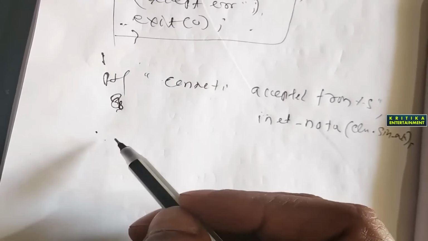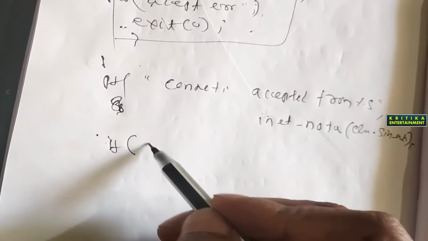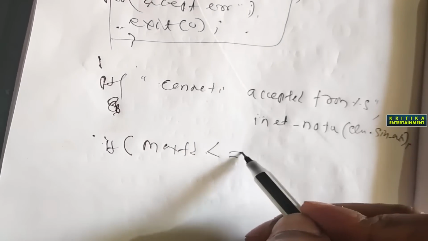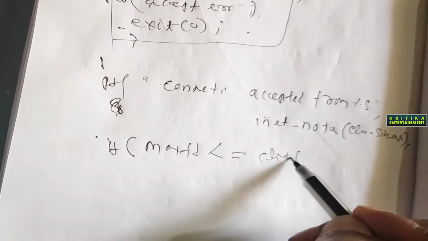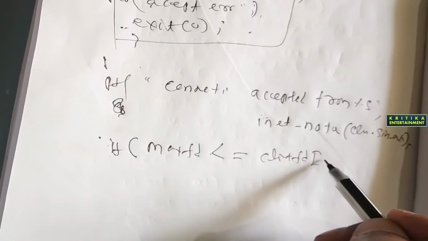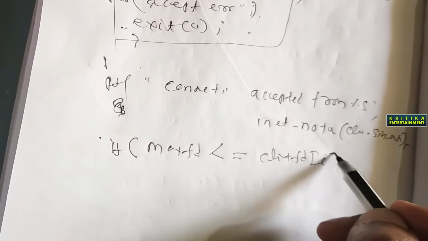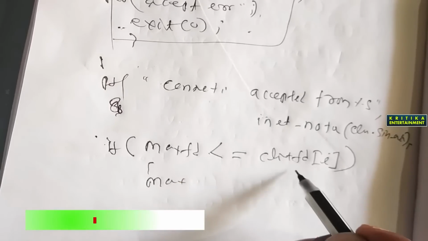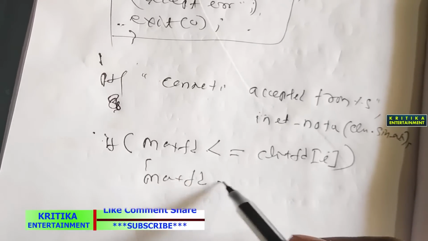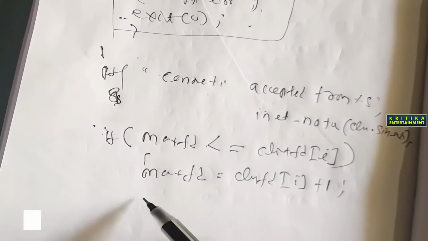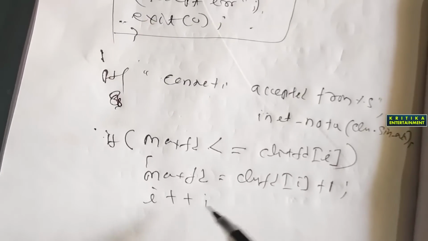So here, if max FD, previously stored as 3, is less than the client FD it returns, we just use it to get the maximum FD, so that it can be passed in the select function again. If max FD is less than client FD i, then max FD is equal to client FD i plus 1. Then go to the next, i plus plus.